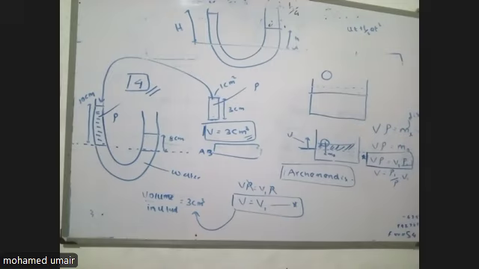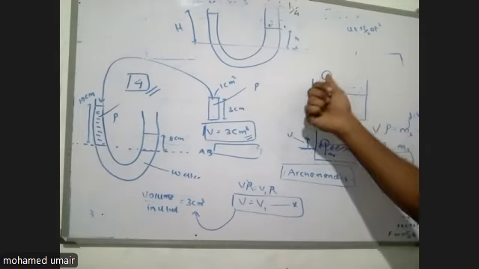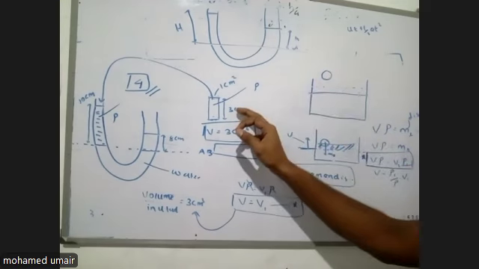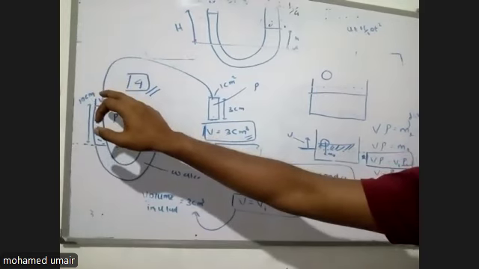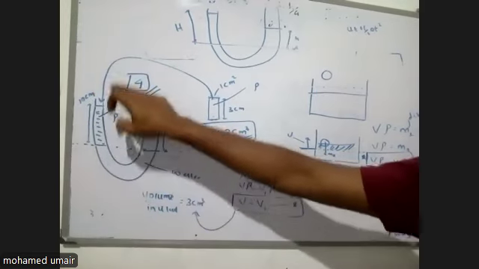Any ideas? Now we found that the volume of this object is the same as the volume displaced here. So what height should be displaced at this point?